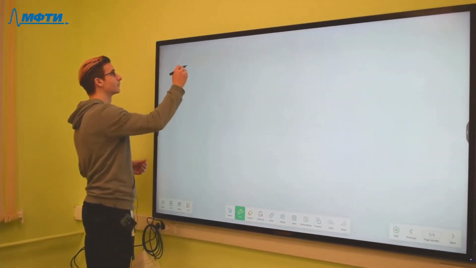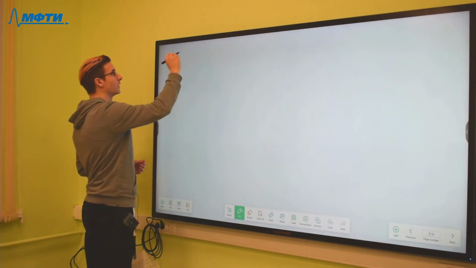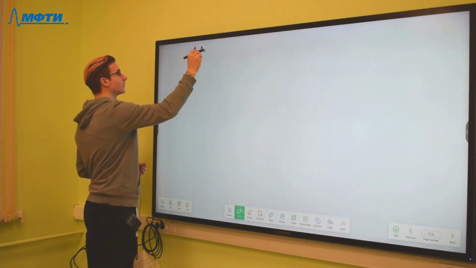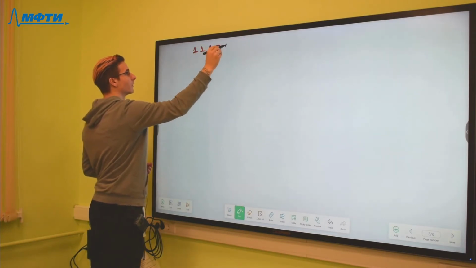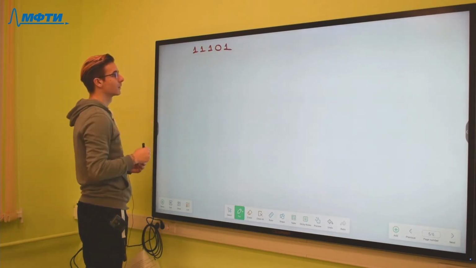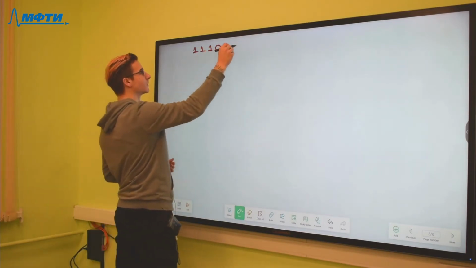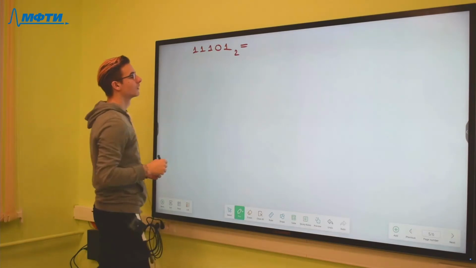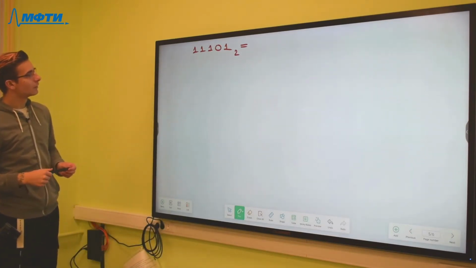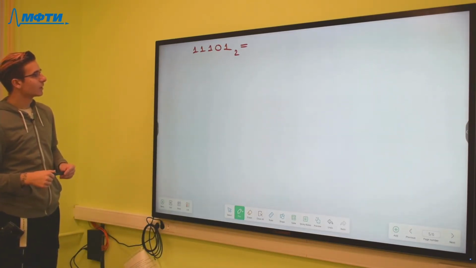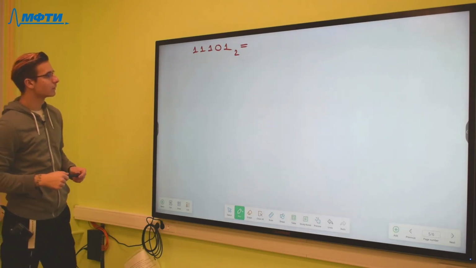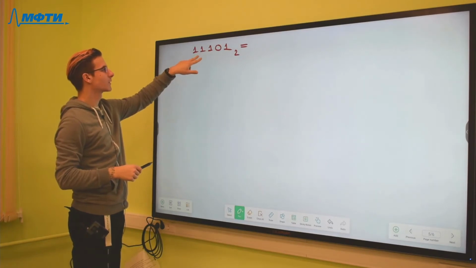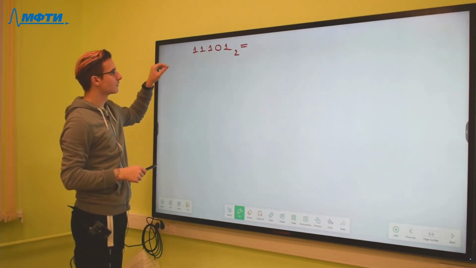For example, if in the binary system you have such a number, what is it? What is this number? It is equal to 1 plus 4 plus 8 plus 16.